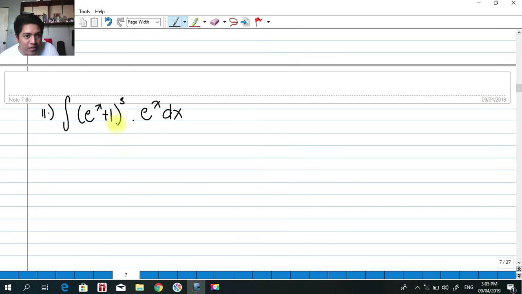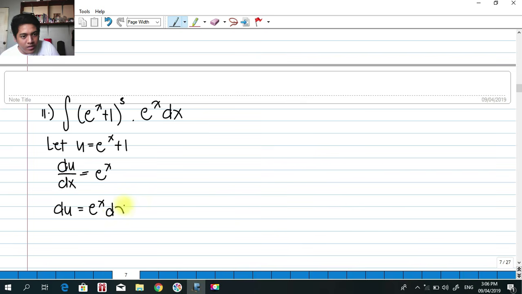As you can see here, we let u equal e raised to x plus 1, the integrand excluding the exponent. So we get du over dx of this, simply the derivative of e raised to x, which is e raised to x. So if we cross multiply this, du equals e raised to x dx.